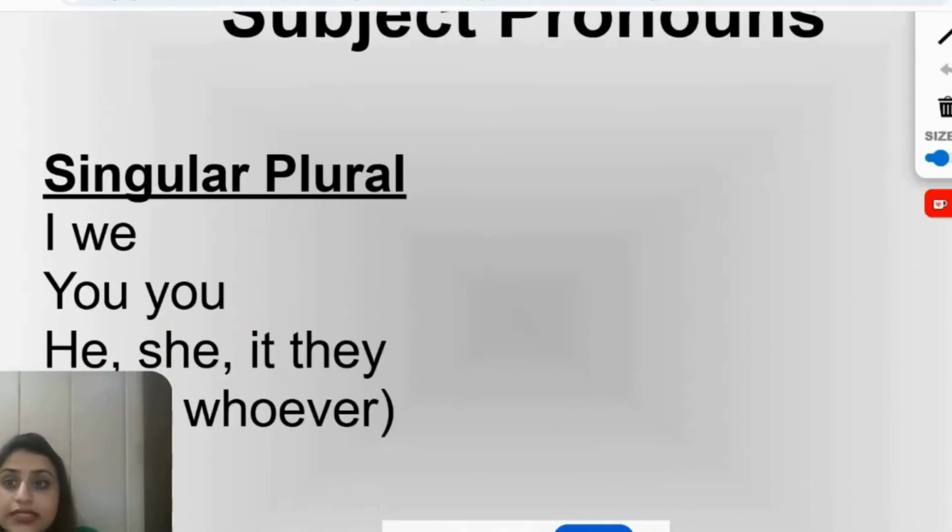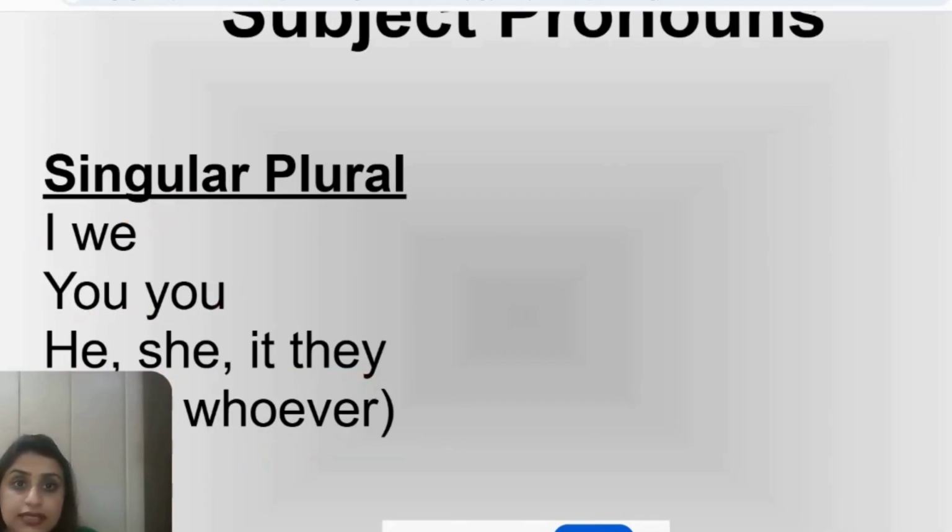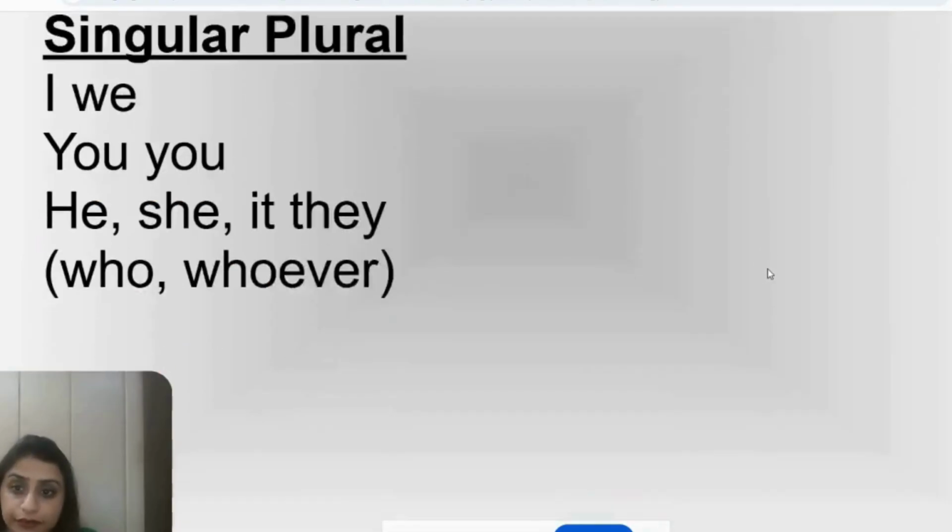If we talk about singular or plural, we write I as a singular and we as a plural. We will be using you. Then we have he, she, it, they, who, whoever. So all these are known as subject pronouns.